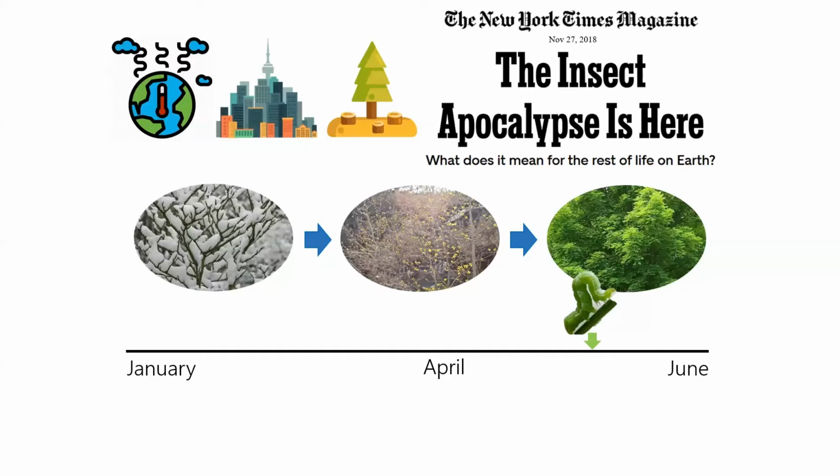So one potential impact you can imagine of warming is that if trees start leafing out a little bit earlier than they used to, if spring is coming earlier, and in many places we know that is the case, then we expect that insects probably are coming out earlier as well.